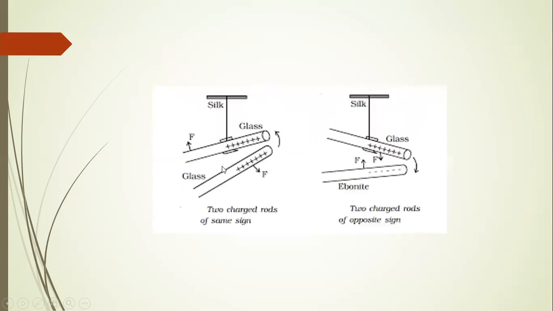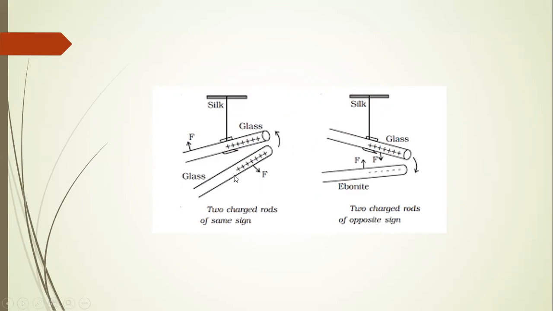Here, it is also shown with the same two charged bodies. See the glass rods, how the force exerted in this direction is shown here. These two glass rods of the same charge, two positively charged glass rods, we brought close to each other and they will repel.